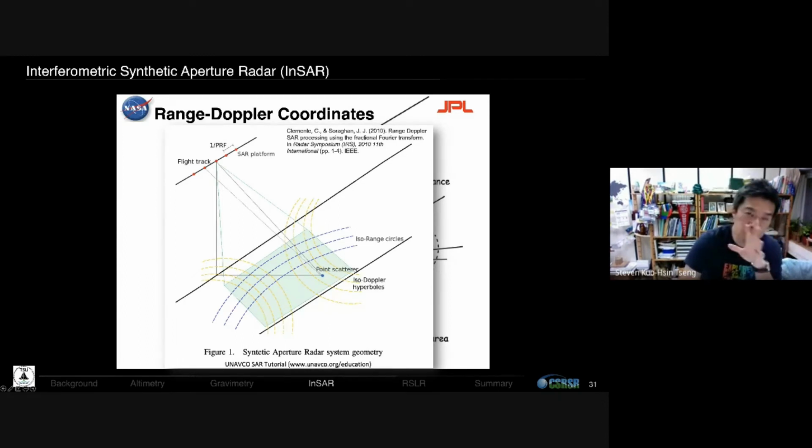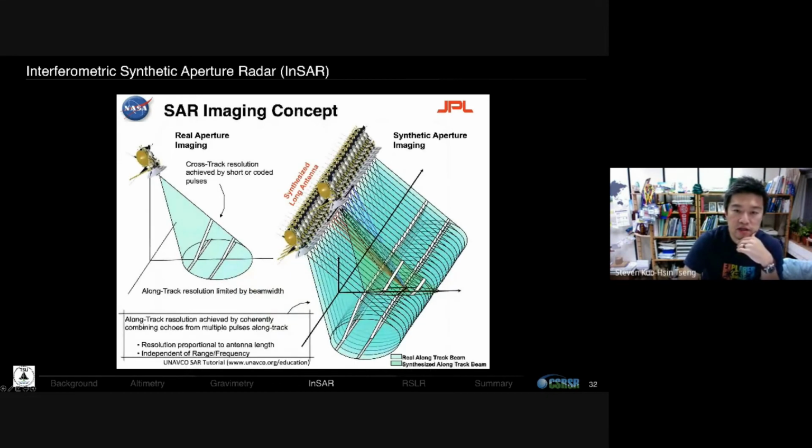So that's how this SAR, synthetic aperture, comes from. Similar to this illustration, you can see the synthesized long antenna is that when you want to image one target, actually you image that several times. So you can enhance the resolution of that particular object.